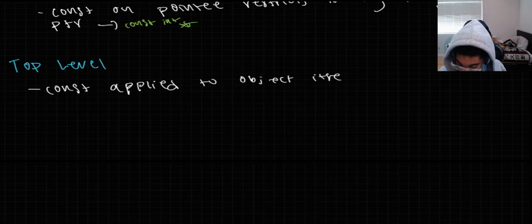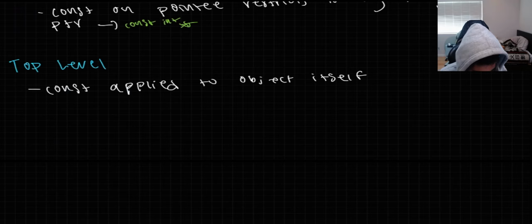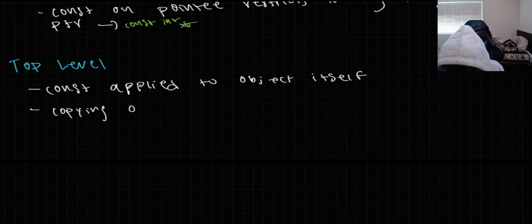Pointer is included as one of those objects that can have a top level const. And low level const is on the pointee, which is the object pointed to, not the object itself, the pointer object itself.